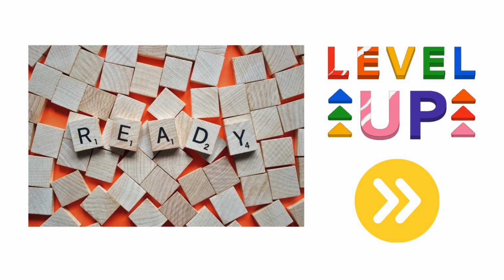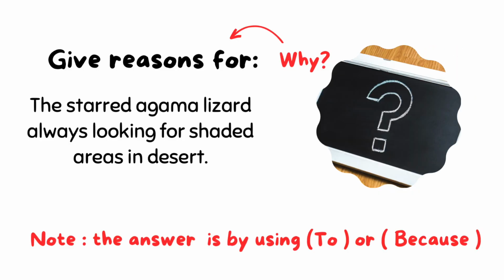So next level we have the give reasons question. And I don't want you to be worried about this question. It's very easy if you understand the lesson. So it's very easy to answer this question, and we will see now. First I want you to know that give reasons you should answer by using to, and you will bring the verb after to in the infinitive.